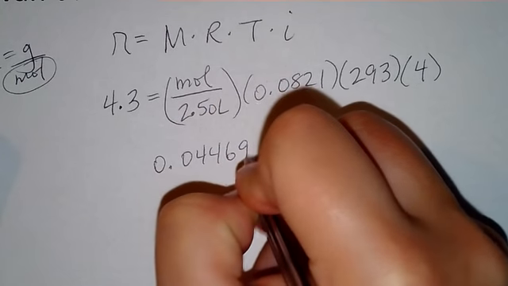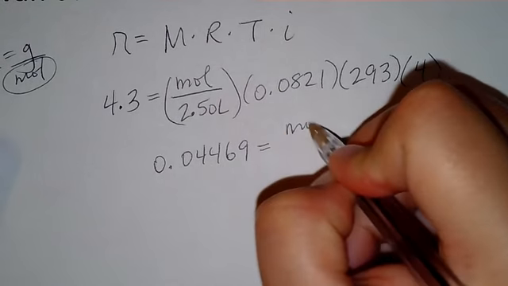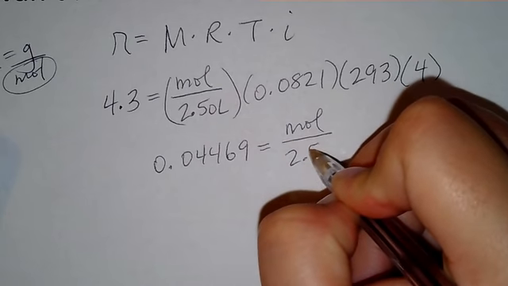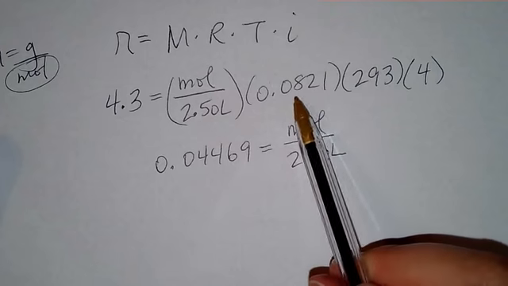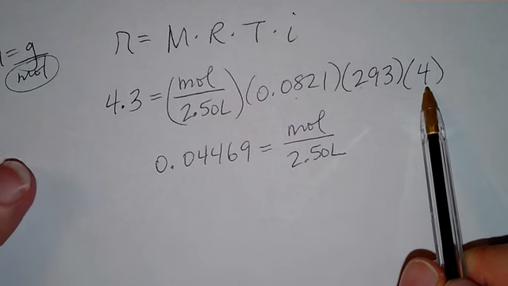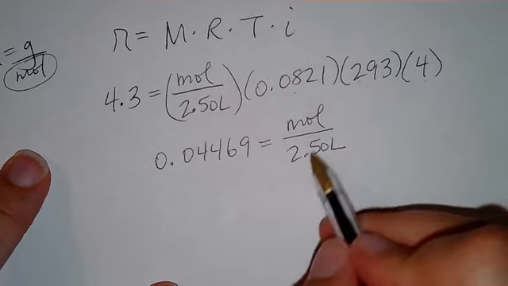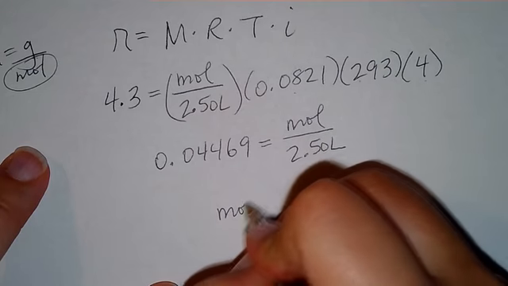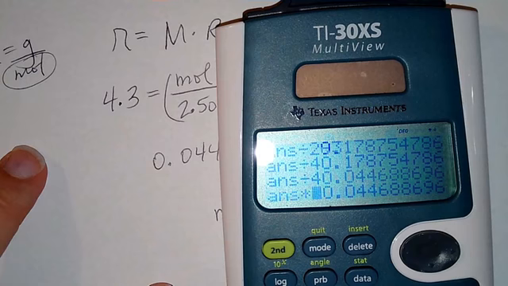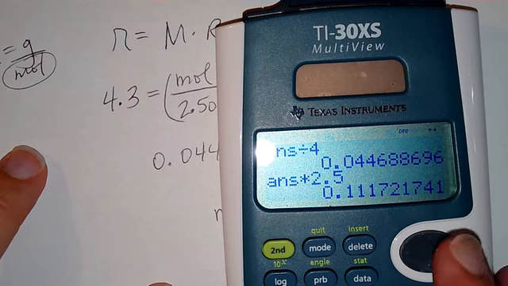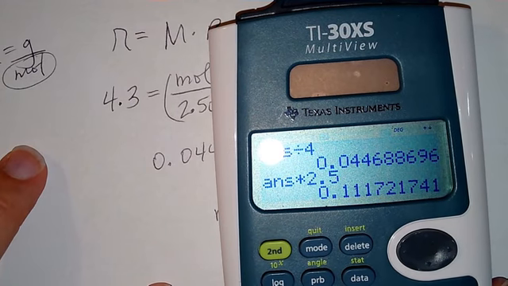Alright, because we divided by the R, the T, and the 4 over here. Now we can multiply by the liters. So times our 2.5. 0.1117 moles.